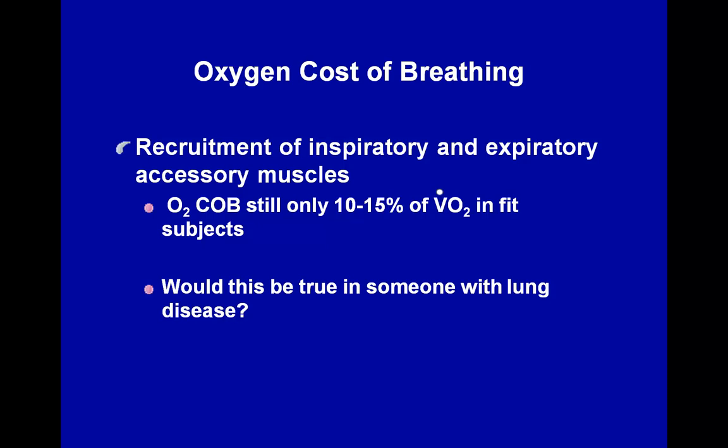And the reason why this is important is if the ventilatory muscles are consuming a higher percentage of max VO2, that means the legs or whatever is doing the exercise is not going to have that oxygen available to them. So we're going to have another limitation to exercise capacity in somebody with lung disease.